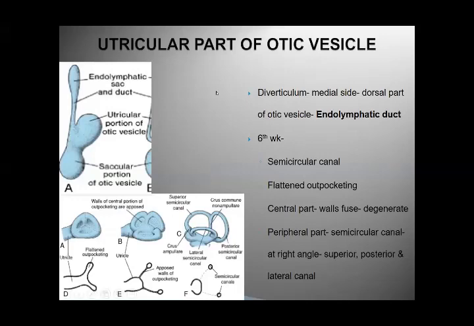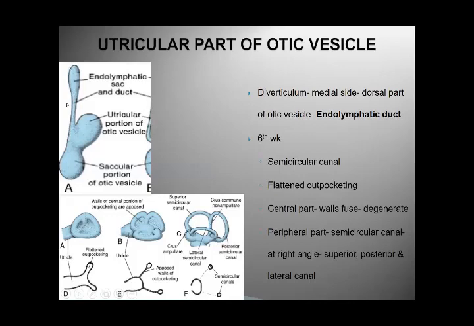अच्छा जी. अब utricle पे आ जाते हैं. Utricle जो था that was the dorsal part of the otic vesicle. ये part. ठीक है जी. अच्छा जी. From the medial side of the utricle, ये developing utricle के medial side से you have an extension going up.